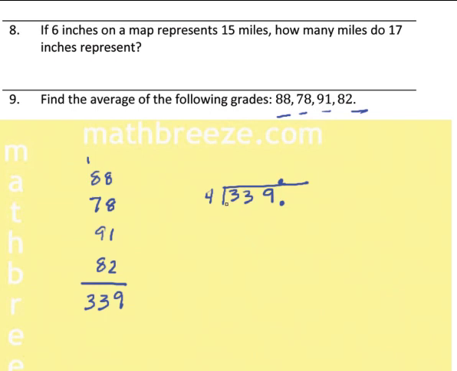Decimal at the end. 4 into 33, that's 8 times. We'll bring down the 9. Sorry, 4 into 19, that's 4 times.